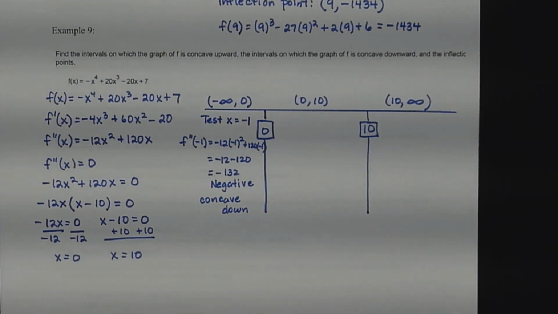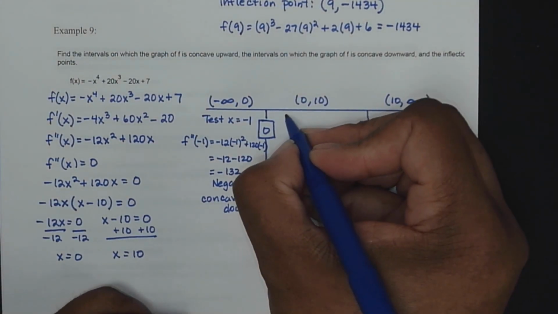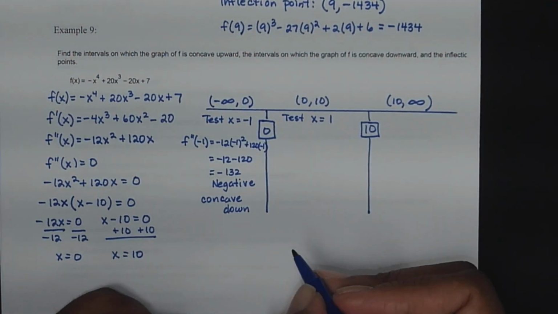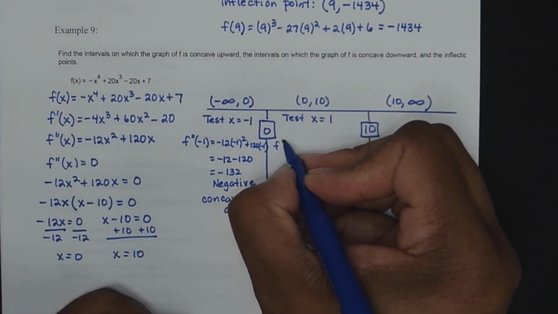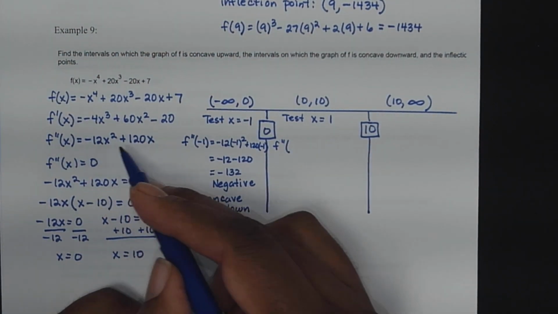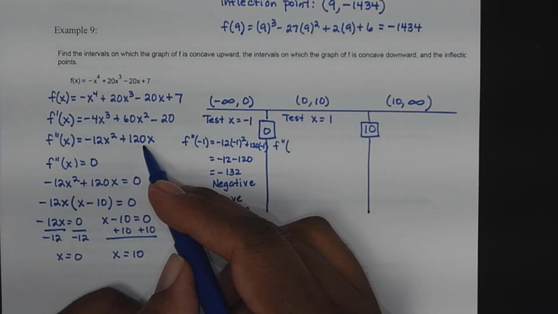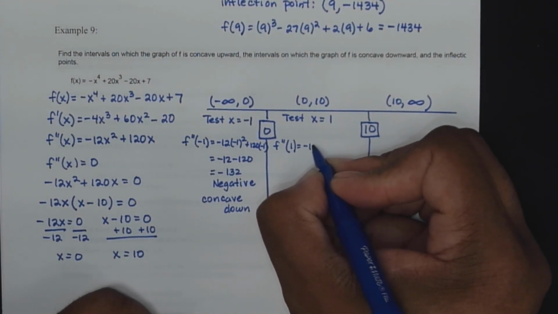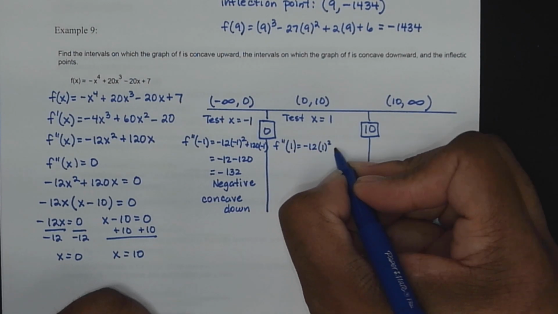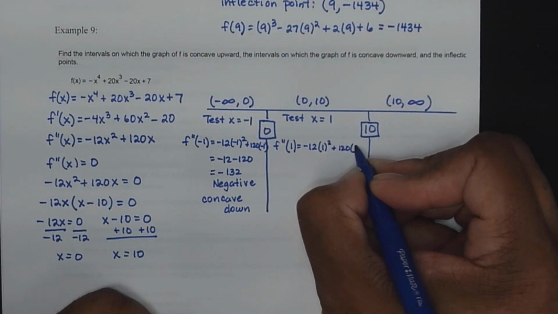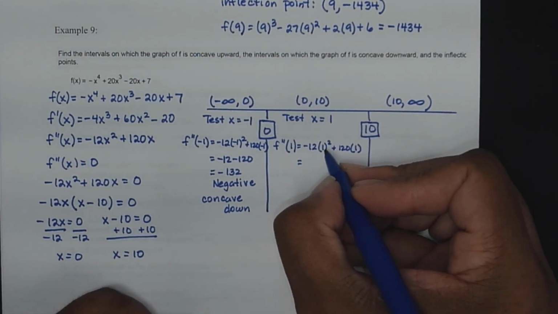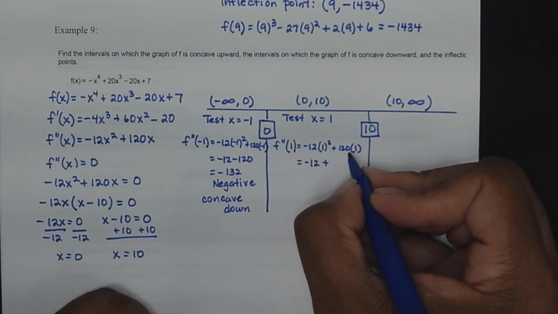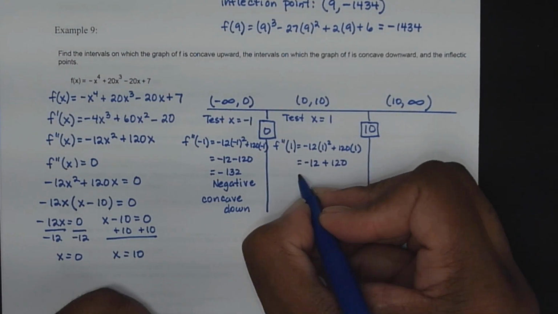And then from 0 to 10, let's test an x value within that interval, like 1. Replacing the x in f double prime of x with 1, f double prime of 1 equals negative 12 times 1 squared plus 120 times 1. 1 squared will be 1 times the negative 12 in front will be negative 12. 120 times 1 will be 120.